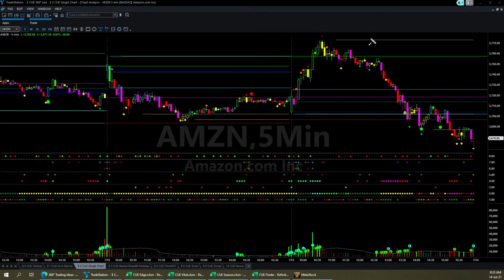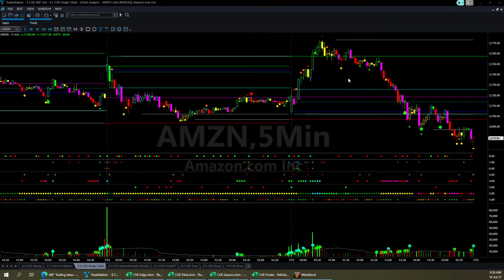So that would be the low risk entry opportunity in an Amazon short trade. If someone is very aggressive, he or she could put the stop just above the recent high using the 5-minute chart, but I don't like that. I would like to give the initial stop above the day's high.